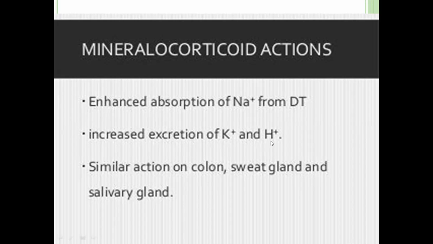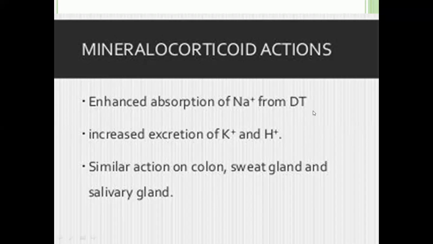They increase the excretion of potassium and hydrogen and increase the absorption of sodium from the DT.